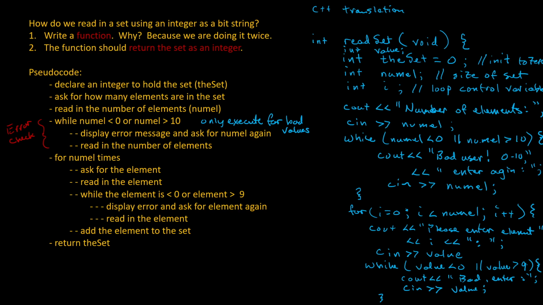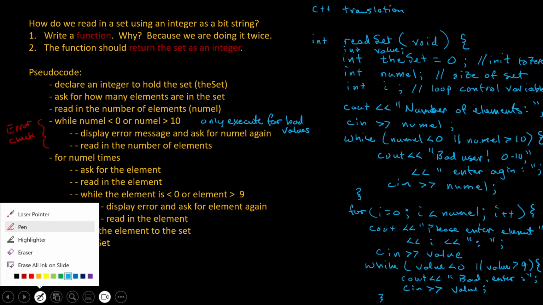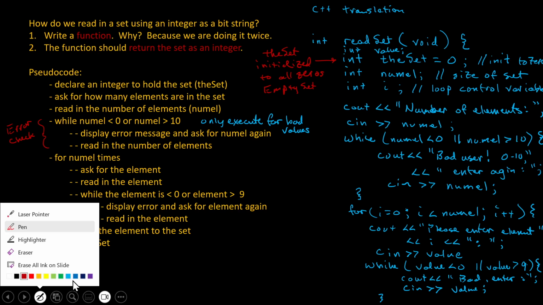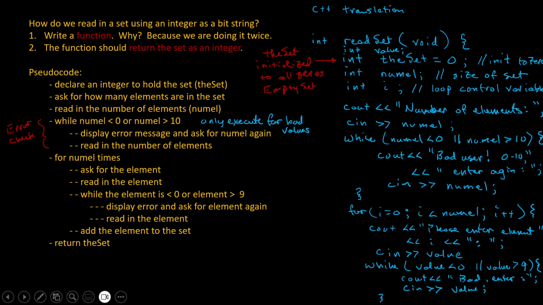I initialize the set to 0, which is the empty set. In other words, a 1 indicates that there's something there. So how do I set something? Any ideas where I can go to?